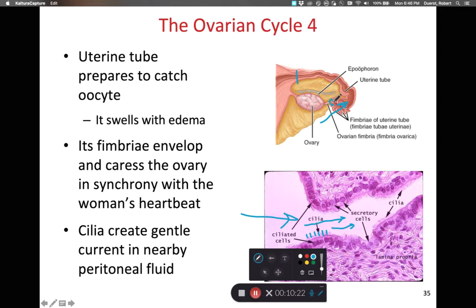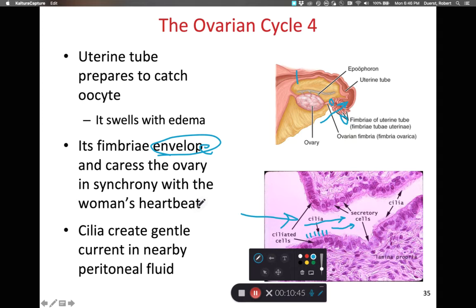Those fimbriae, those little tiny fingers that come off of the uterine tube, will envelop the ovary, and it's also going to envelop the oocyte. And what we find is that the fimbriae gently pulsate and caress the ovary.